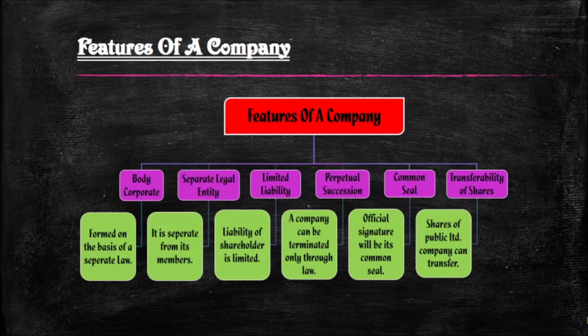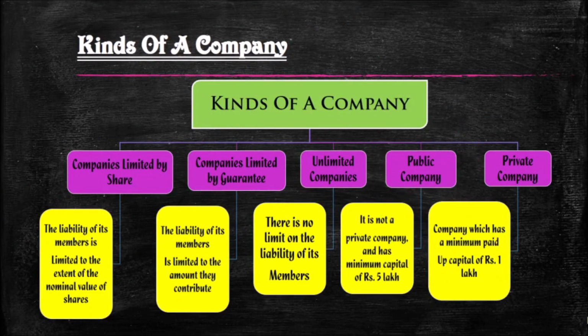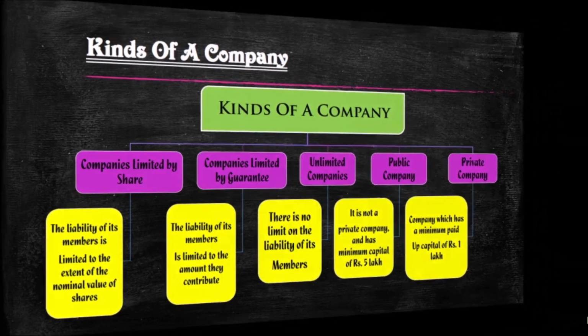Shares of the company are transferable, especially in public companies, and can be easily transferred from one person to another. So these are the features of a company. For general awareness, the different kinds of company include companies limited by shares, companies limited by guarantee, unlimited company, public company and private company.